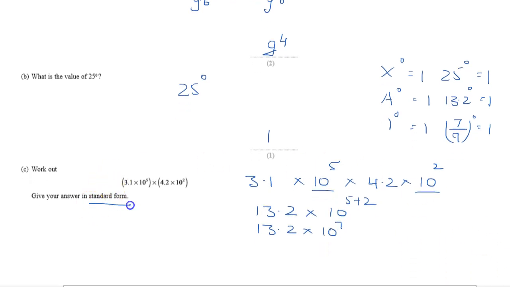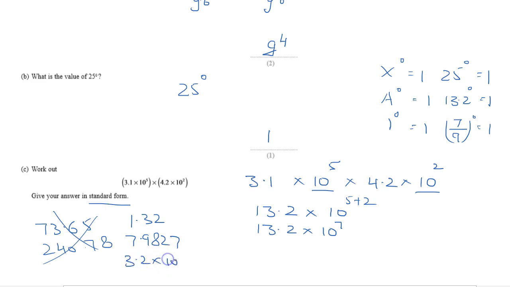But we have to write it in standard form. The standard form is not 73.65 or 240.78. The standard form is, after the first non-zero digit there should be a decimal point, like 7.9827 or 3.2 into 10 to the power 6.